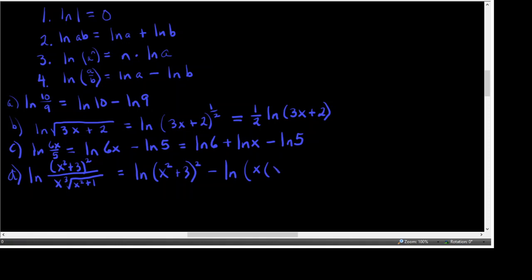And because of that radical being in the problem, I'm going to go ahead and take the opportunity to rewrite that as a power. Since it's a cube root, that's to the 1/3. Okay, so that 2 comes down in front of the natural logarithm, leaving 2 natural log of x squared plus 3.